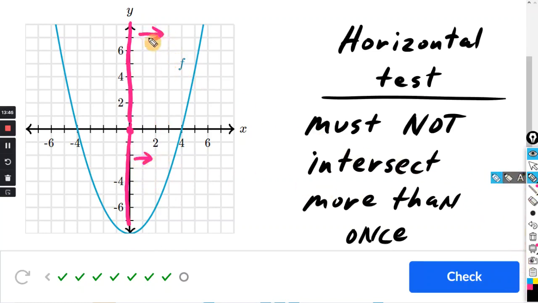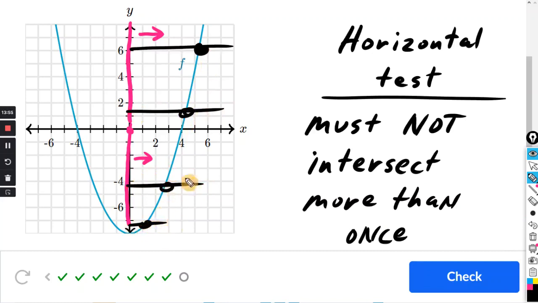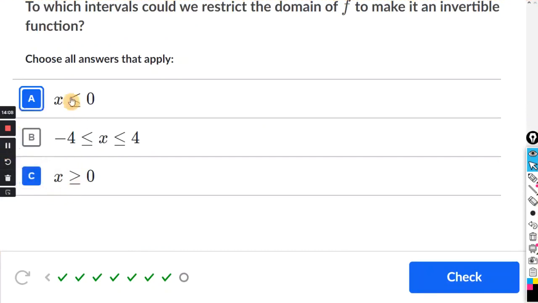If you do the horizontal line from here, only once, only once, only once. No matter where you go, it's only once. It must not intersect more than once for each horizontal line. This one passes. So answer C is good. Choose all answers that apply. Might be more than one.